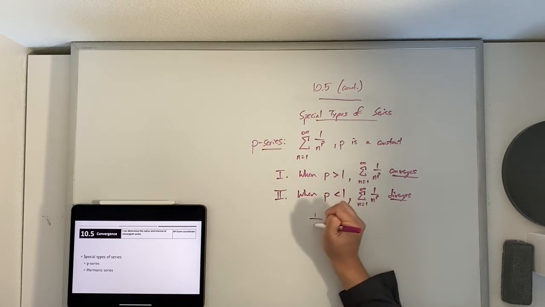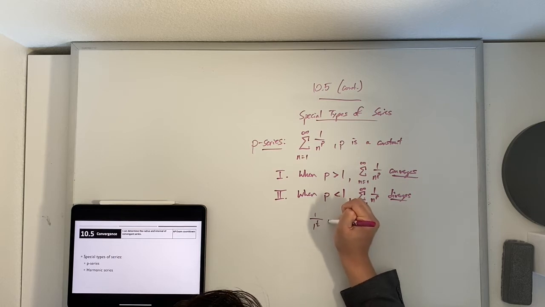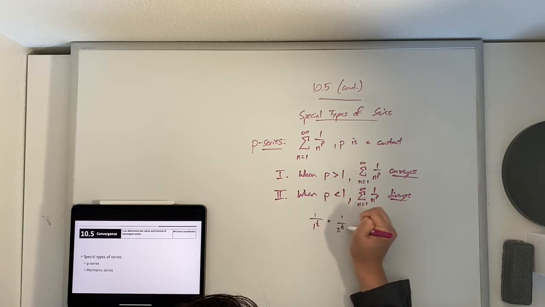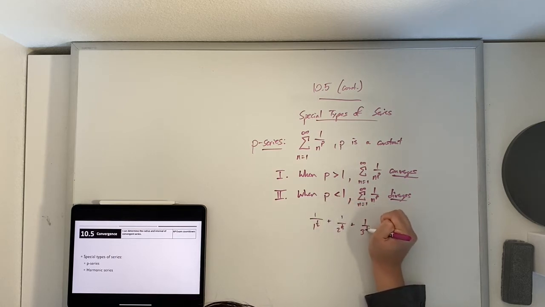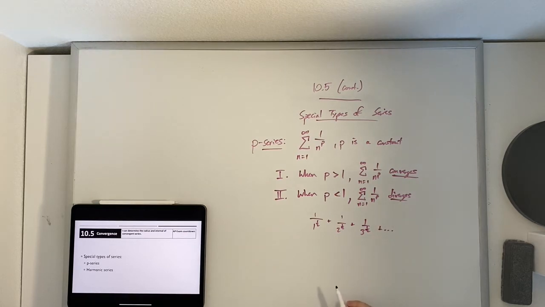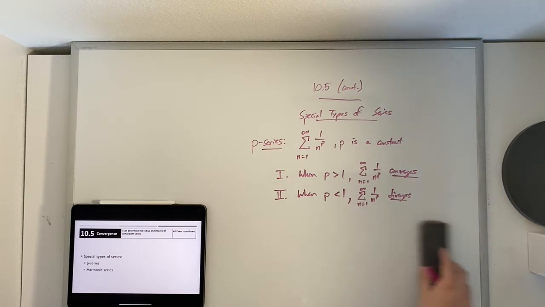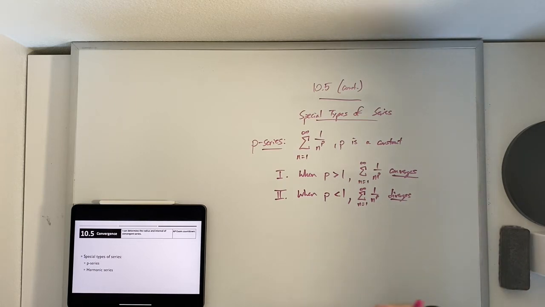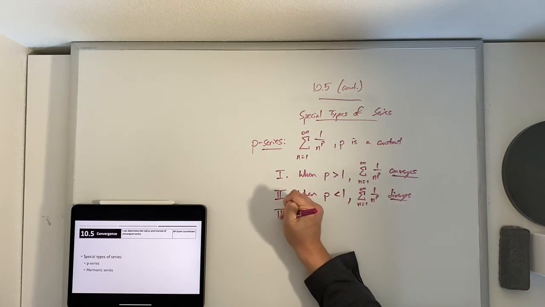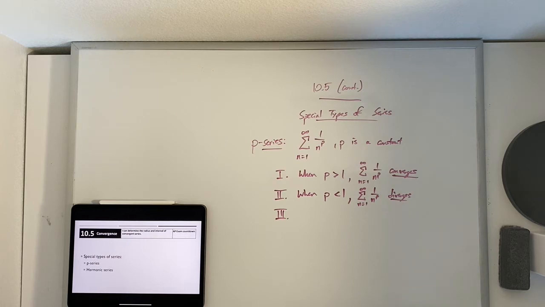Then we have 1 over 1 to the 1/2 plus 1 over 2 to the 1/2 plus 1 over 3 to the 1/2. Okay. In this case, our series will diverge. Just conceptually take a second, try to reason through that yourself. Again, a formal proof would be required, but that's not something we're looking at here.